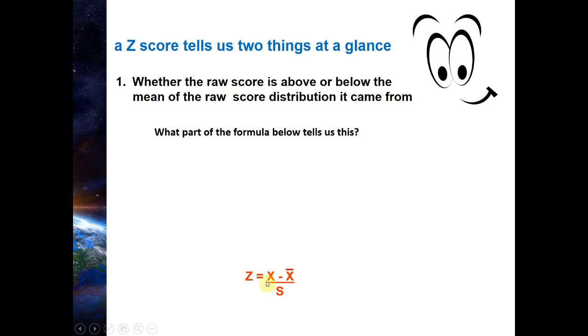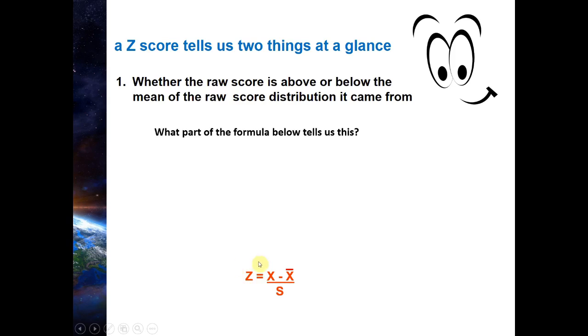So if your raw score is less than the mean, below average, that will give you a negative z-score. However, if your raw score is greater than the mean, above average, then when you subtract the mean, you get a positive answer. So you see how that works? It's the numerator that determines whether z will be positive or negative.